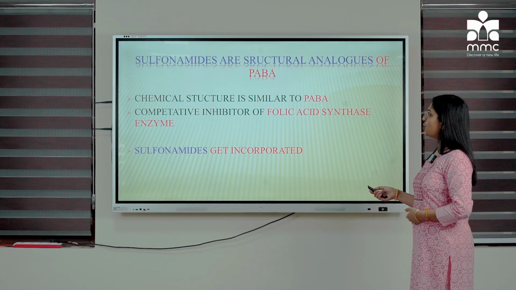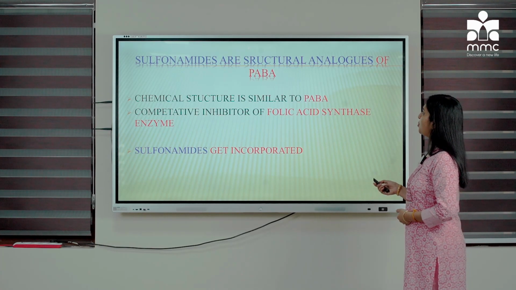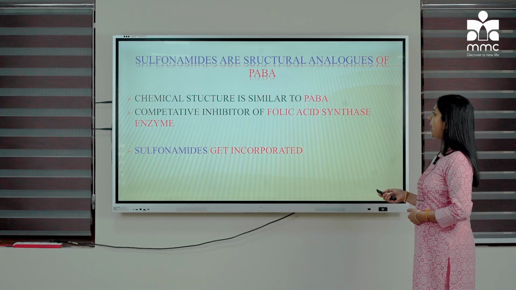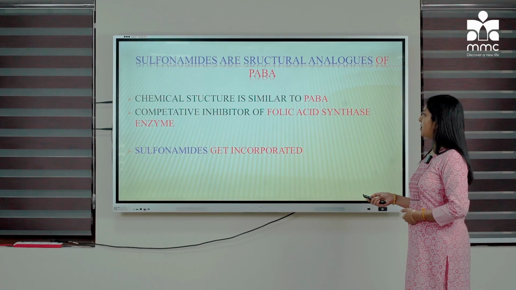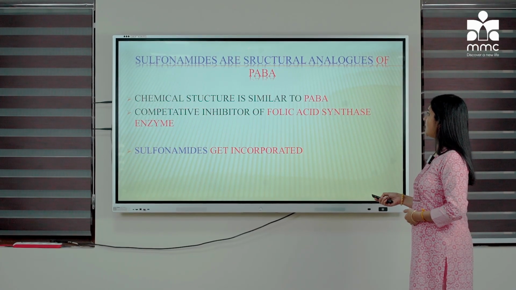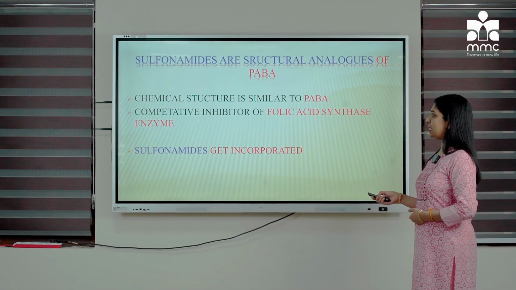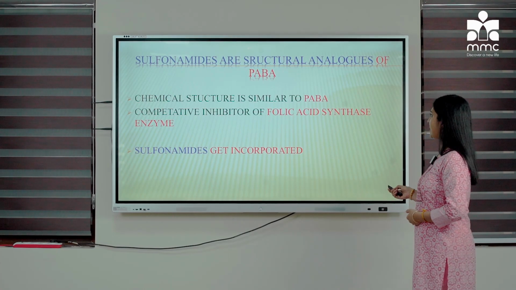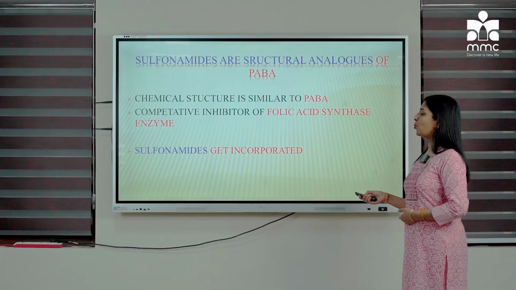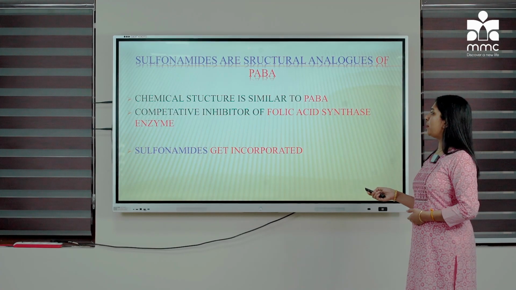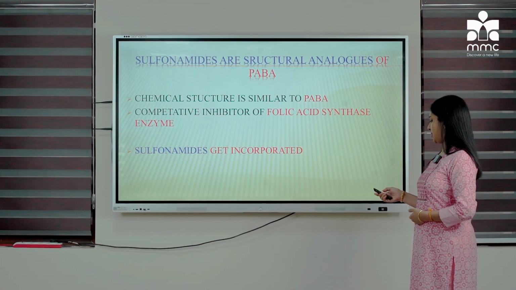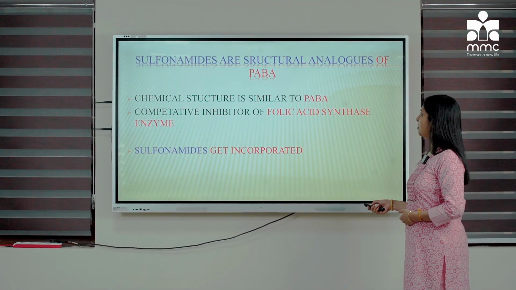So what happens to PABA? Sulfonamides are structural analogues of PABA, that is para-aminobenzoic acid. The chemical structure is similar to PABA, and it is a competitive inhibitor of the folic acid synthase enzyme. Sulfonamides get incorporated instead.